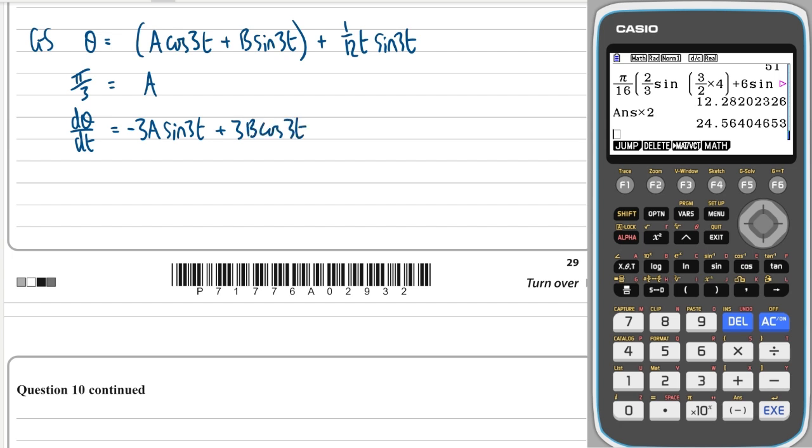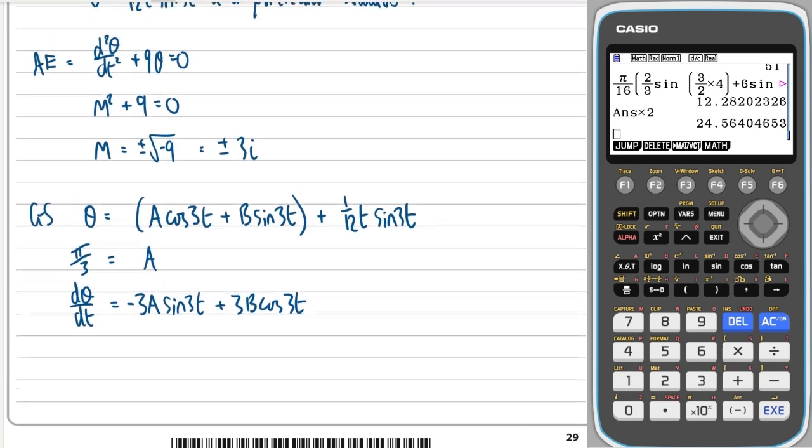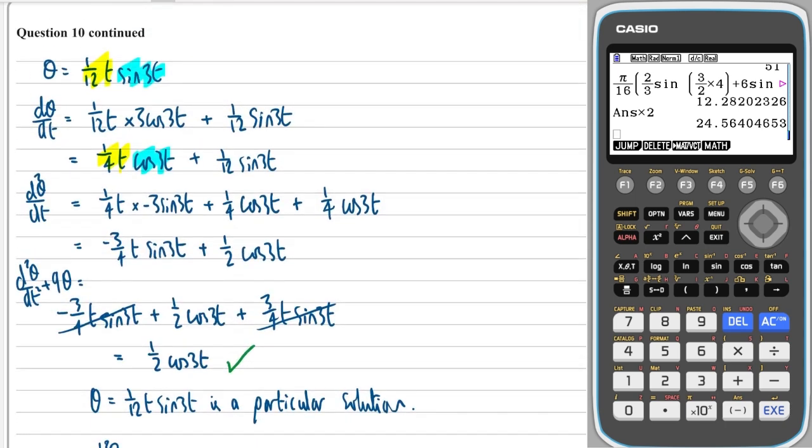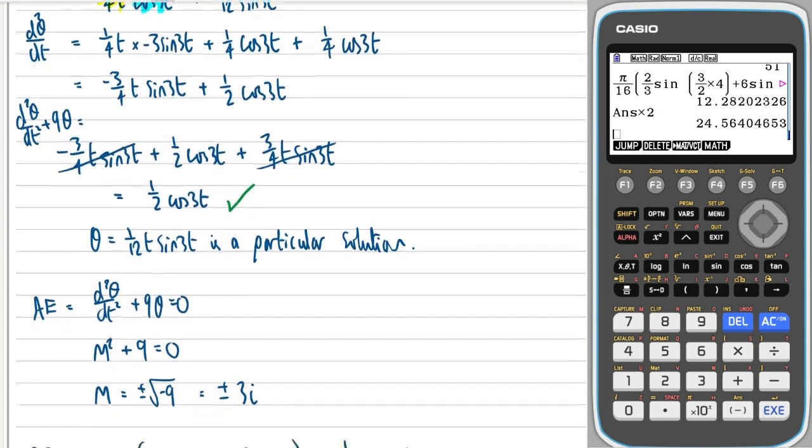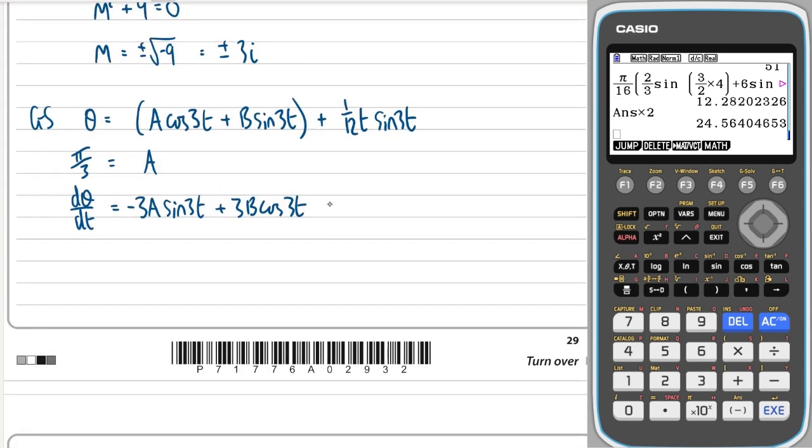cos 3t, and here we've actually already done that product, haven't we? So let's just pinch it from above here. When we differentiated it we ended up with this. It was a quarter t cos 3t plus 1/12 sine 3t.